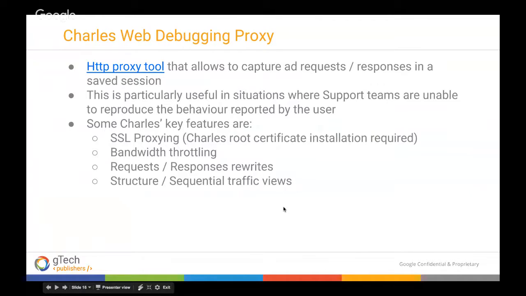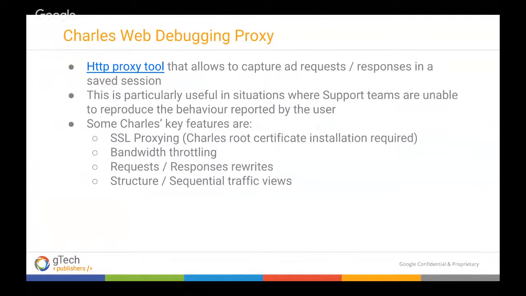Now, what Charles does is that it simply records everything that is going through the network connection between the browser and the internet itself. And the way that it shows this interaction is through a similar view than the network tab in the Chrome Developer Tool, but it allows to then add additional functionality to the session recording.